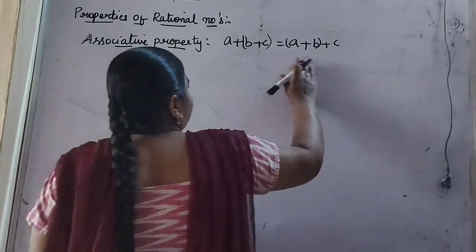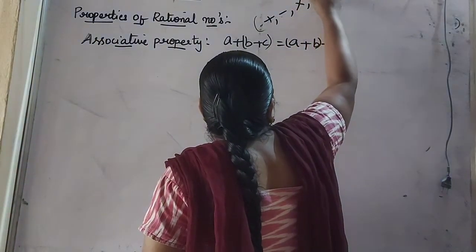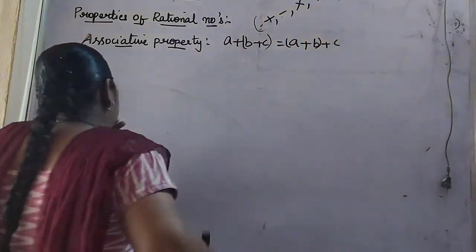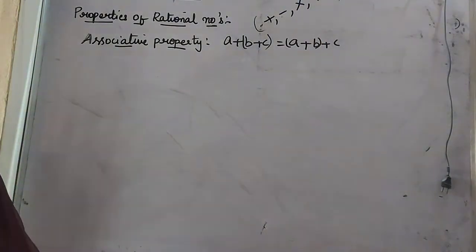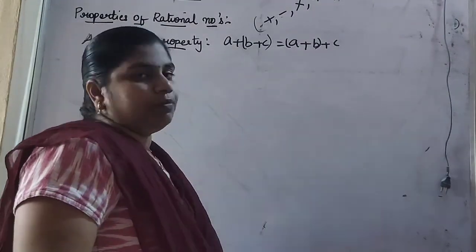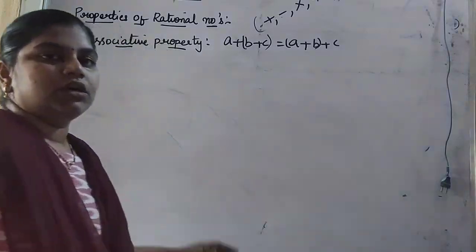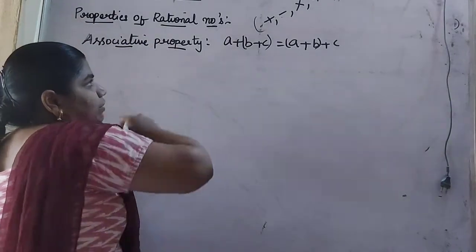So this also we have to check for all the basic operations, that is addition, subtraction, multiplication and division. So whether it is satisfied or not, we will see. In this case also the LHS part and RHS part should be equal. Whenever the LHS part and RHS part are equal to each other, then we can say it is satisfied.